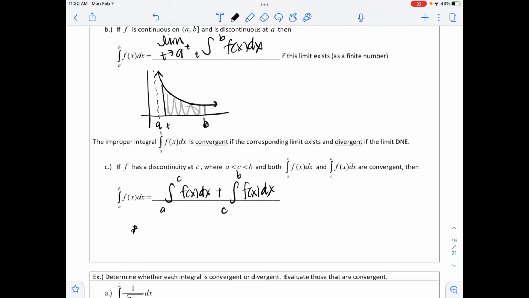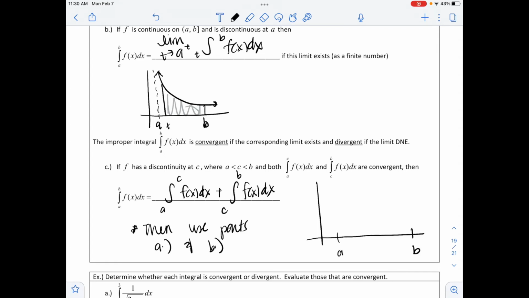And then we would use parts A or B up above. Looking at a picture of this, again we would have from a to b. c is going to be somewhere in the middle, and that's where it's discontinuous, meaning that's where we have a vertical asymptote.